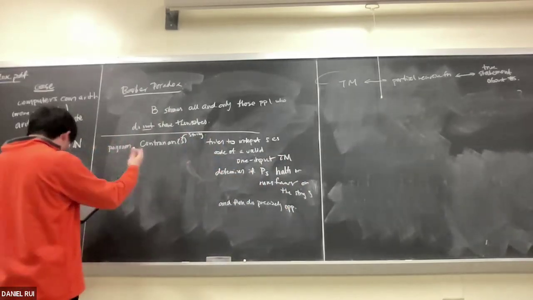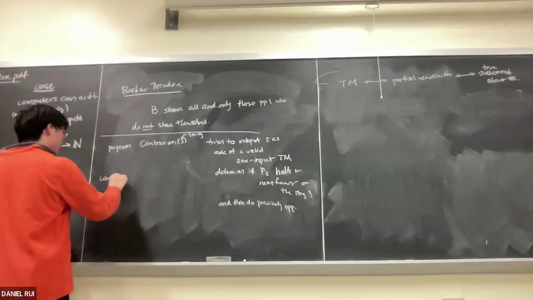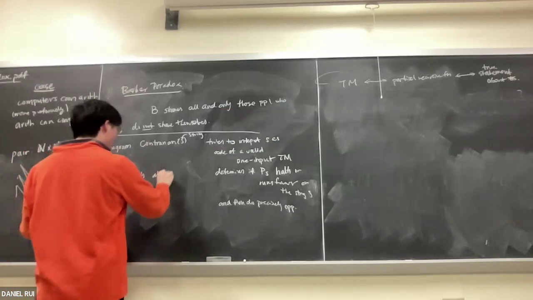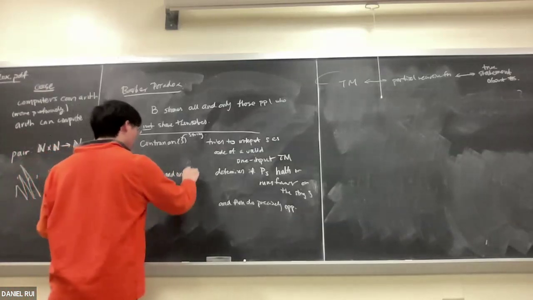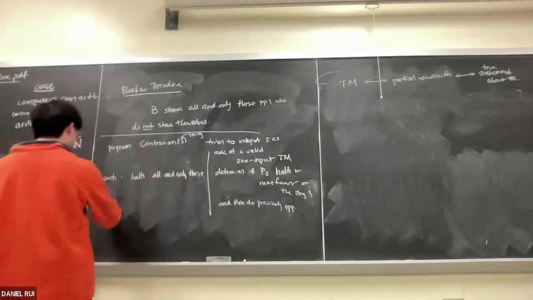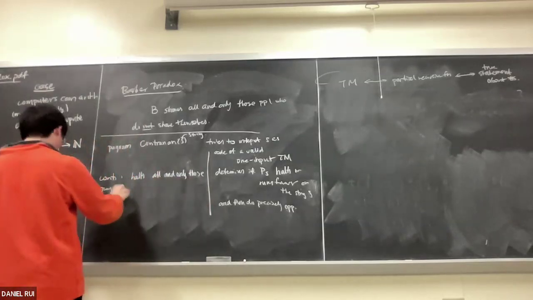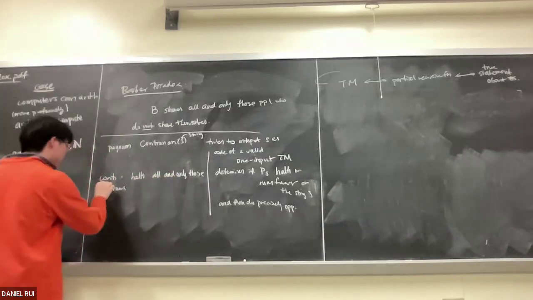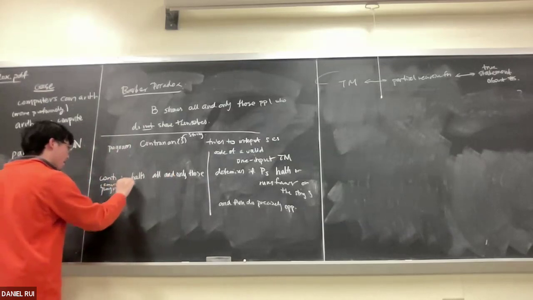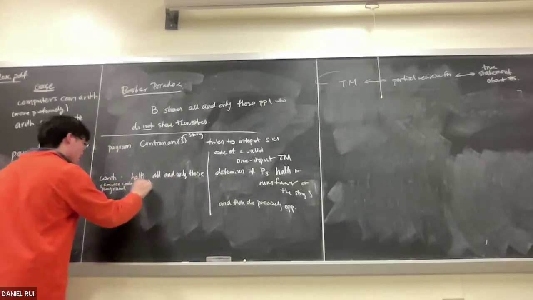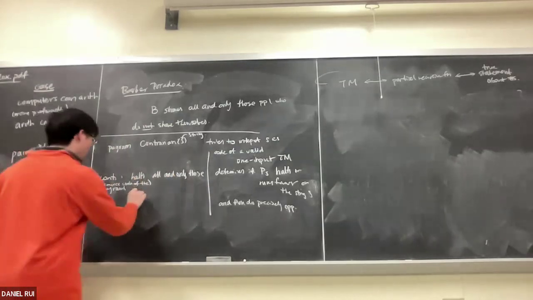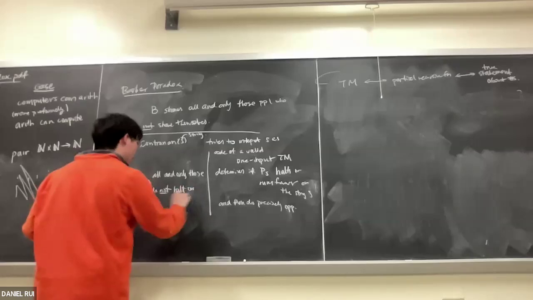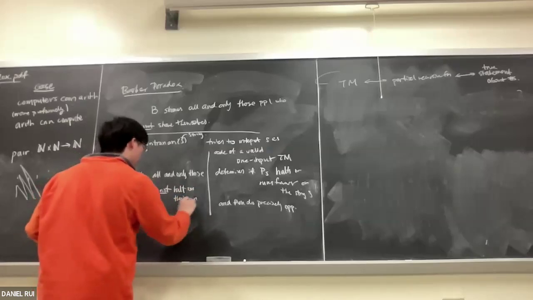In other words, the contrarian program satisfies that contrarian halts on all and only those source codes of the programs which do not halt on their own source code.